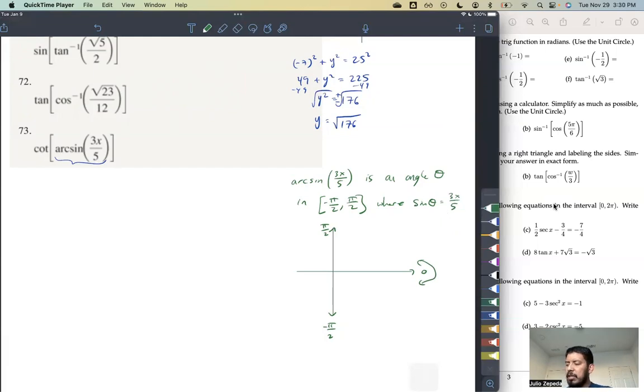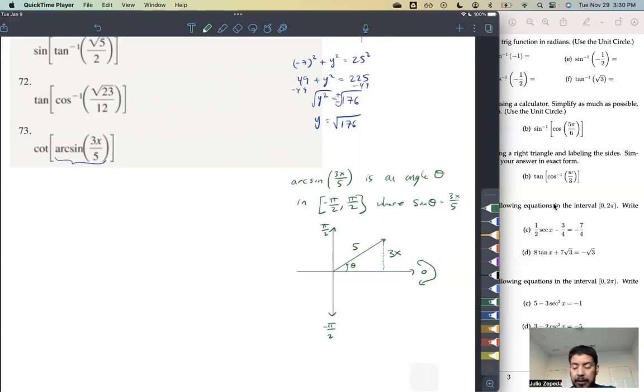So let's just do it in quadrant 1, and then maybe we can do it in quadrant 4 and see if the answer will be any different. If we said this angle is in quadrant 1, let's assume that x is positive. So the angle theta is this one here. Let's draw a little triangle. And the sine of this angle is 3x over 5. So that means opposite over hypotenuse is 3x over 5.